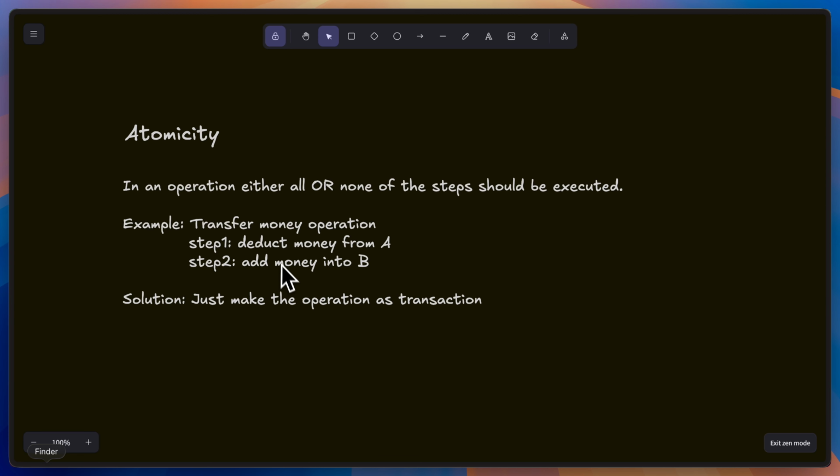In such an operation, either all of the steps should be executed or none of the steps should be executed. This is what atomicity says. And the database helps you achieve this atomicity by providing something called a transaction, which we just saw. You just need to write begin transaction at the very start and commit at the very end. I hope you got this point.